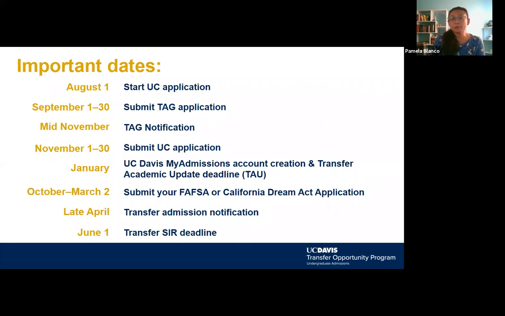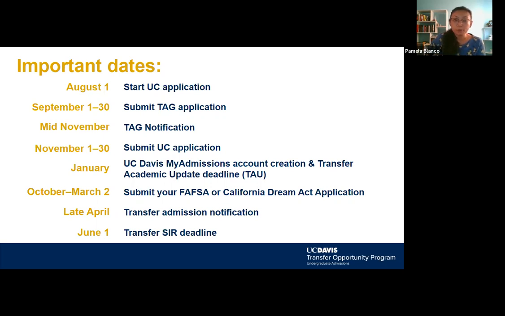That's a time where you go back into your UC application and we want you to report an update of your fall semester grades and any changes that you might have to your winter or spring coursework. So make sure to submit that by January 31st.